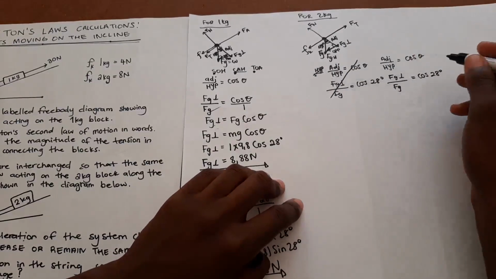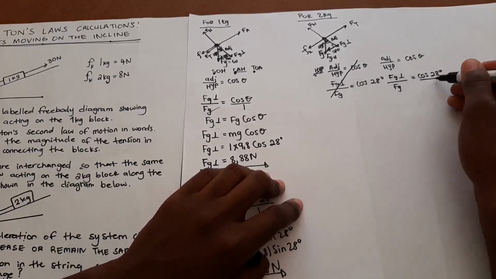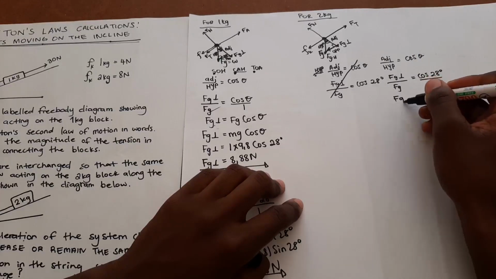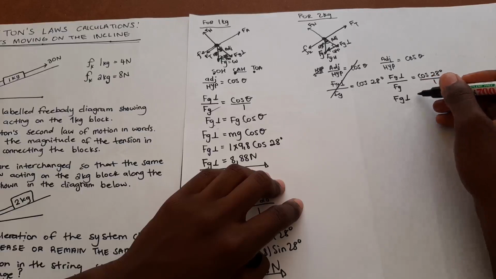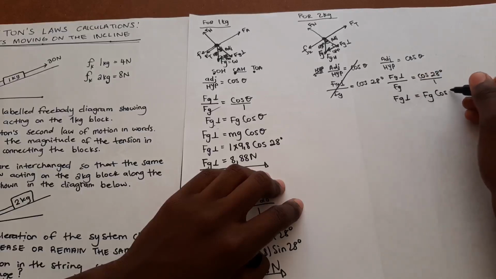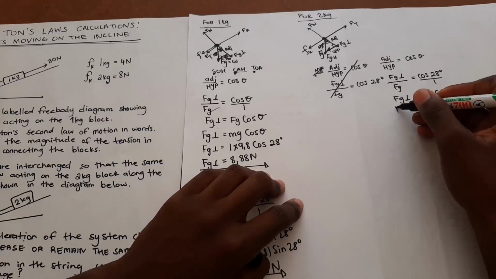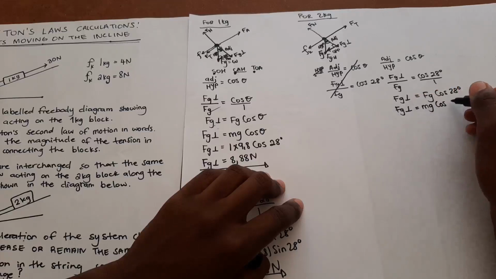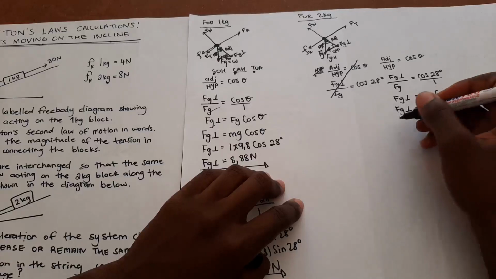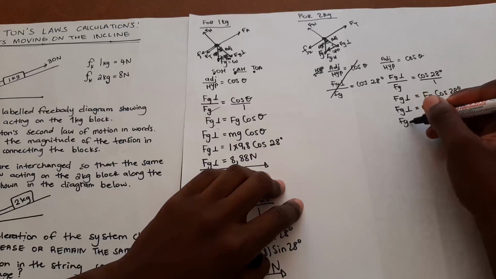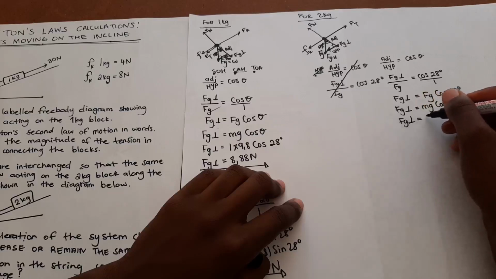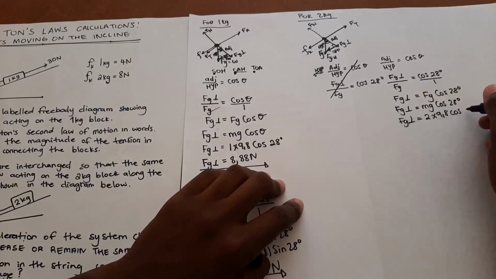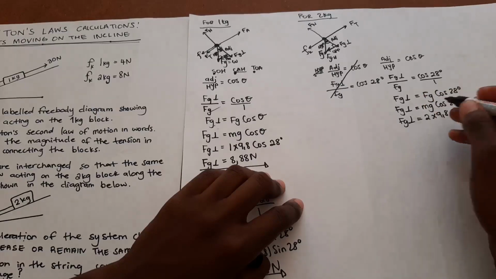Let's waste no time, guys. So it's over 1, and we have FG perpendicular equal to FG cos 28 degrees. So FG perpendicular is equal to mg cos 28 degrees, which is 2 multiplied by 9,8 cos 28 degrees.